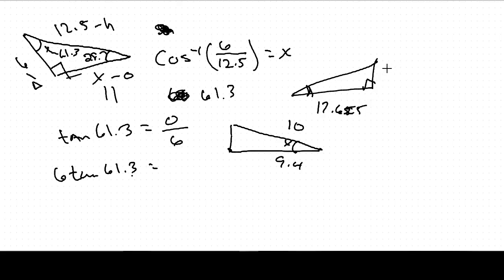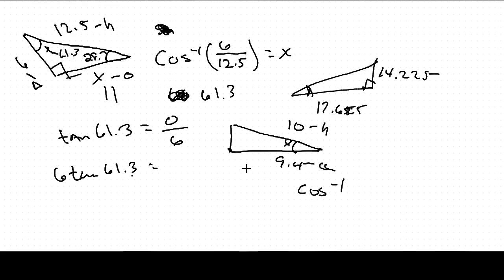And they said this one is 14.225. So what are you going to use to find that angle? Tangent inverse. And for this one? Hypotenuse and adjacent, so cosine inverse. Right.